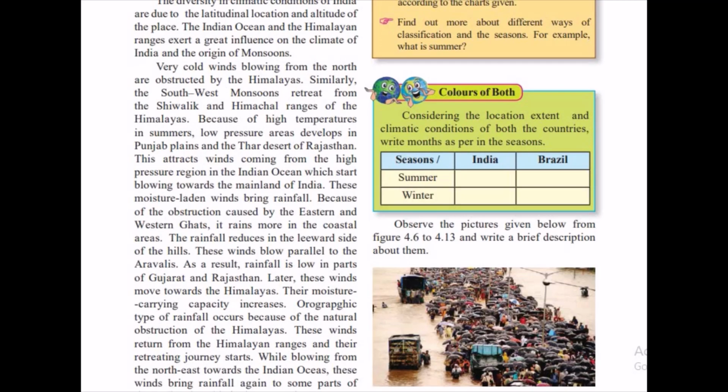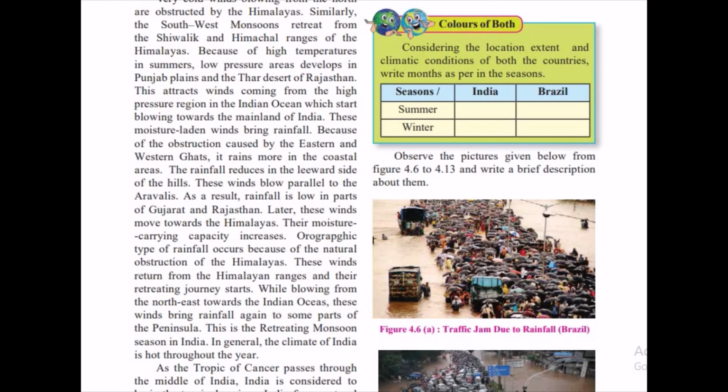Because of high temperature in the summer, a low pressure area develops in the Punjab plain and the desert of Rajasthan. This attracts the wind coming from the high pressure region in the Indian Ocean, which starts blowing towards the mainland of India.